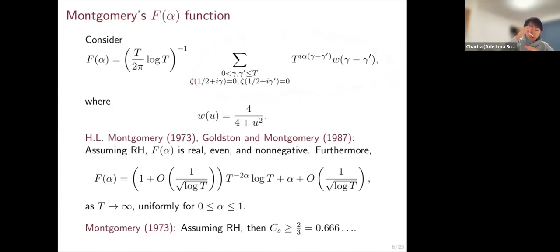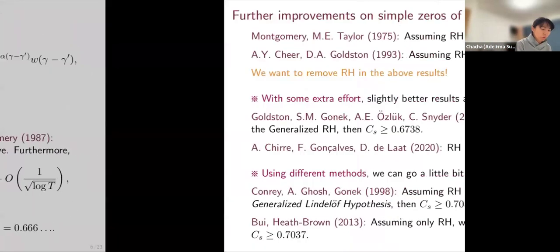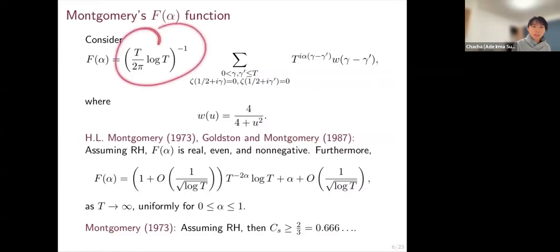Actually the original definition, which I will also show later, is not quite in this form, but when we count zeros, we want to normalize that with respect to the asymptotic number of zeros. And therefore we divide it by t over 2 pi log t. Now, there's a function w here, and this w is just a weight function, which is 4 over 4 plus u squared.